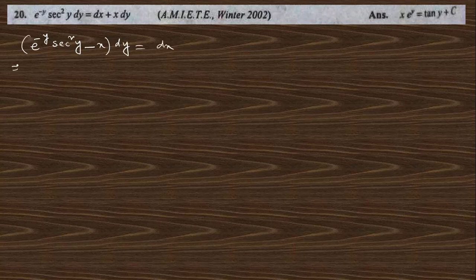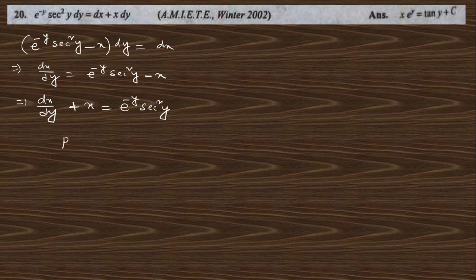So if you write dx dy, then this is e to the power minus y sec square y minus x. Okay, so dx dy plus x equals e to the power minus y sec square y.